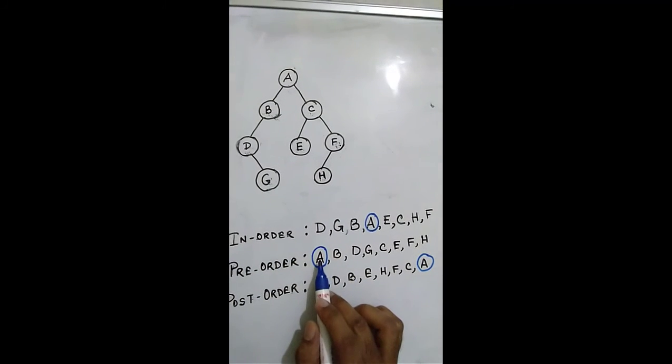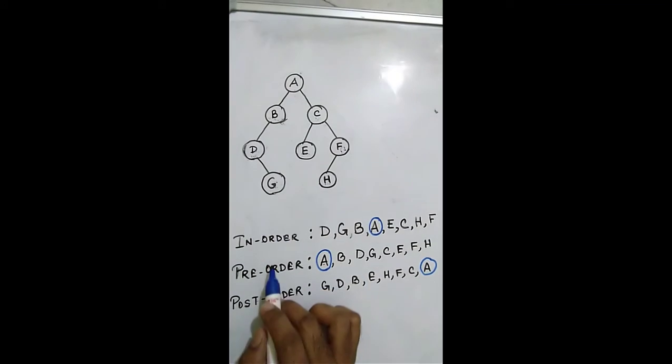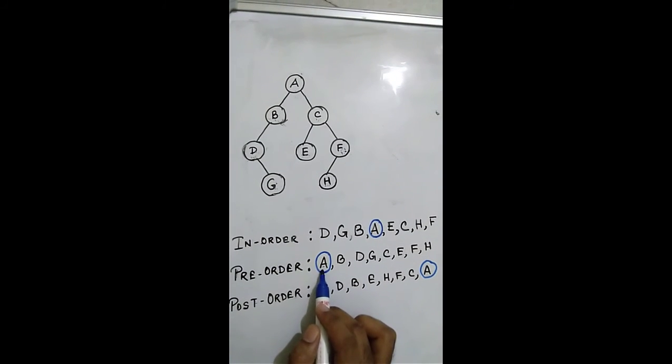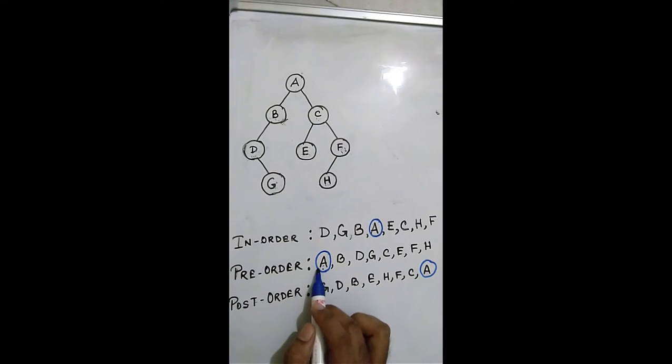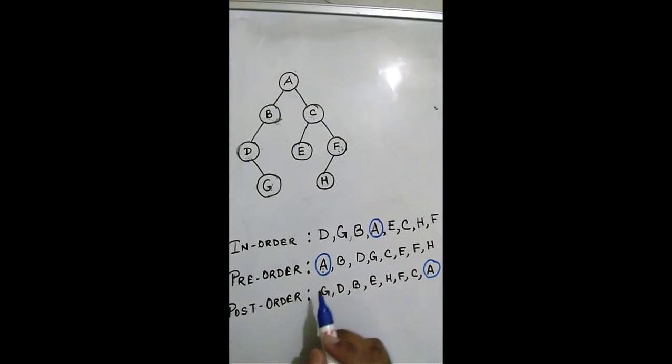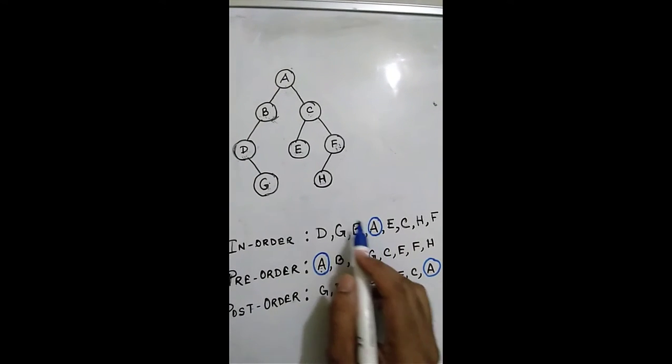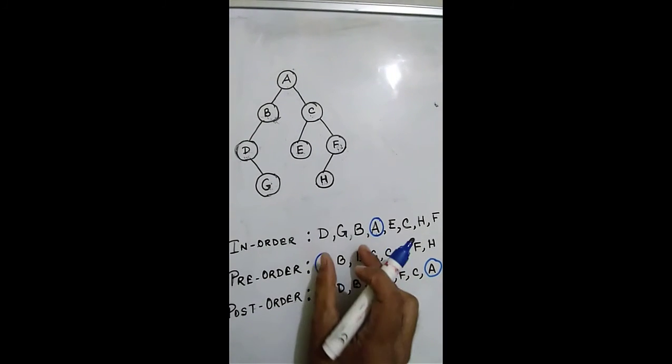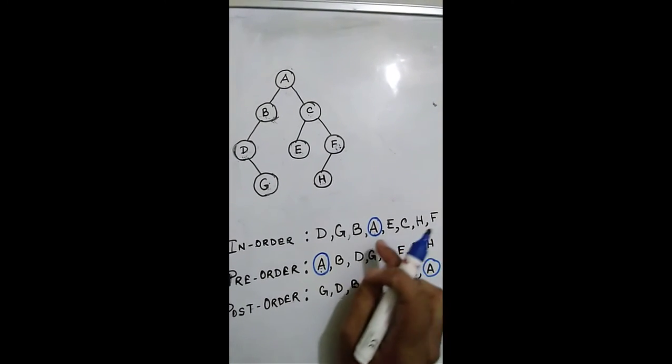So here we can see that A is the root of the tree, which is the first node in case of pre-order, and the last node in case of post-order traversal. And in case of in-order traversal, this root node lies between the left subtree and right subtree.